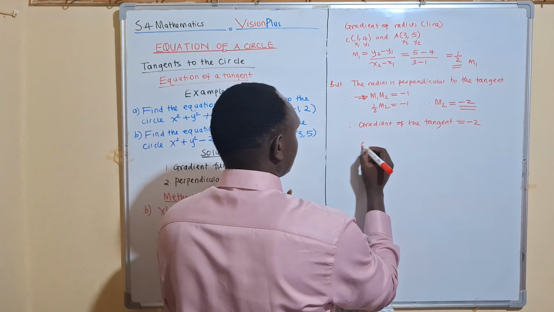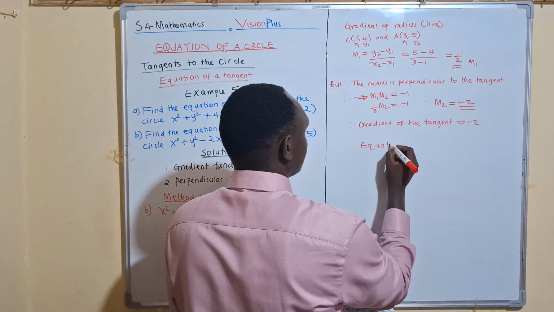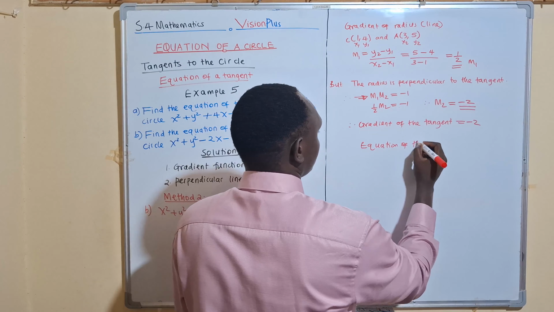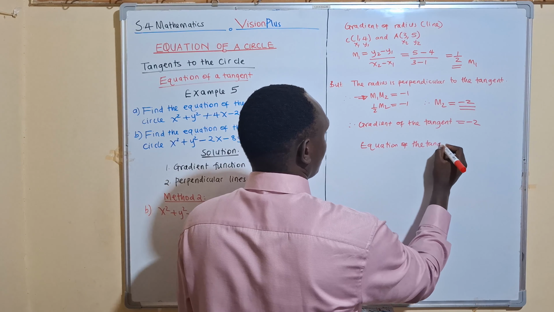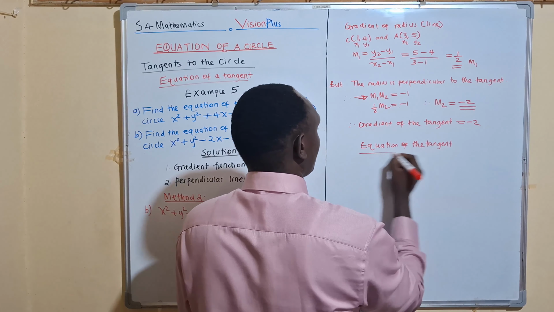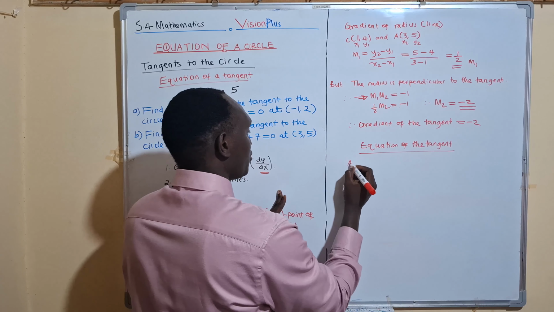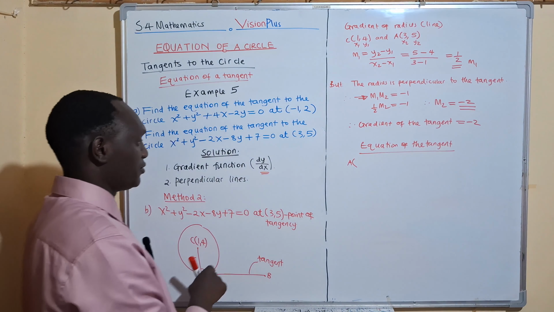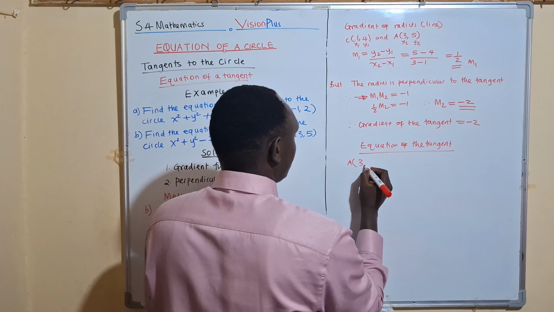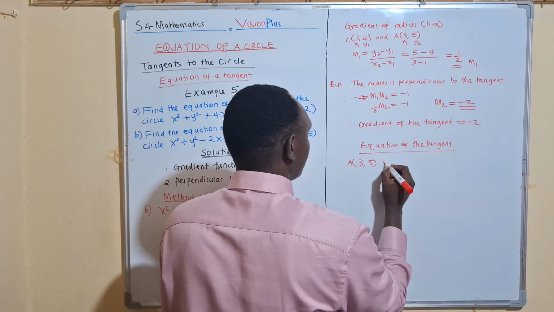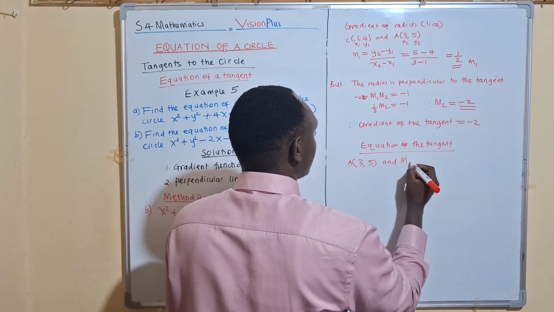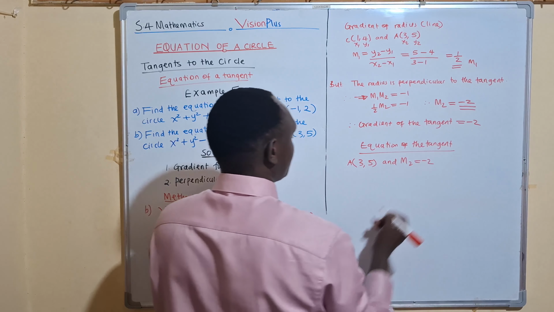Now, if you have the gradient of the tangent and one point on the tangent, you can find the equation of the tangent. We have one point on the tangent, that is the point of tangency (3, 5), and we know the gradient of the tangent m2 is -2.